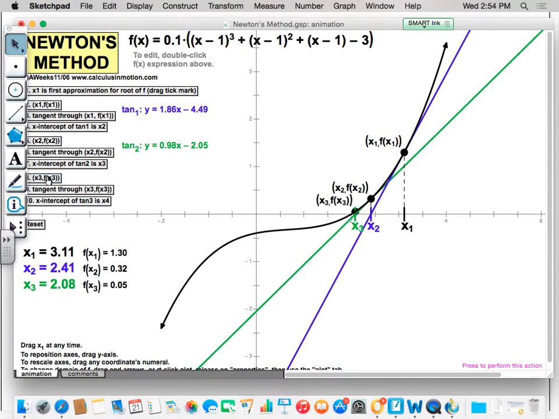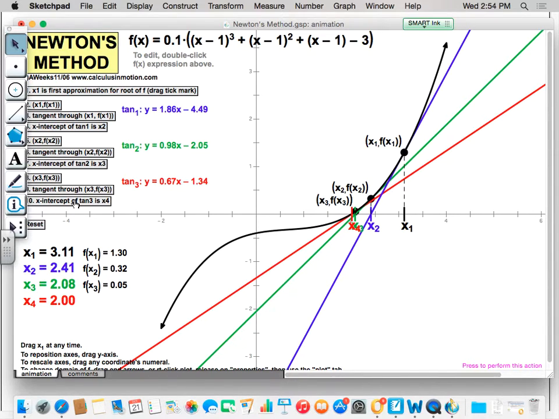And you continue this process until you are very, very close to the zero. And if you look, each time you repeat the process is called an iteration. So we did 3 iterations, and on our 4th approximation, we actually landed on the actual zero.